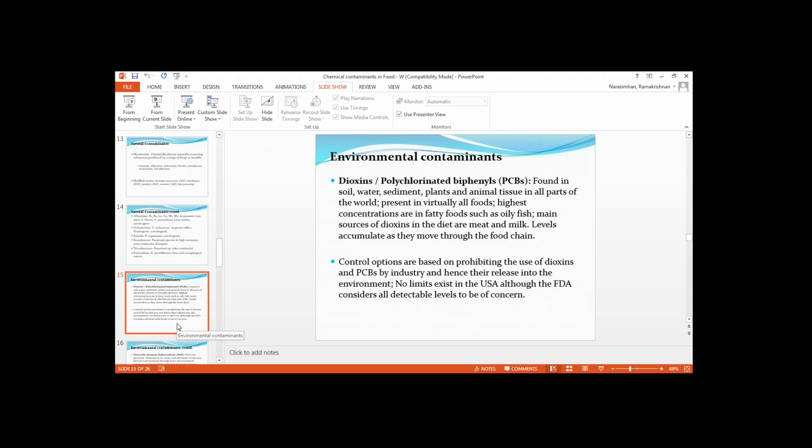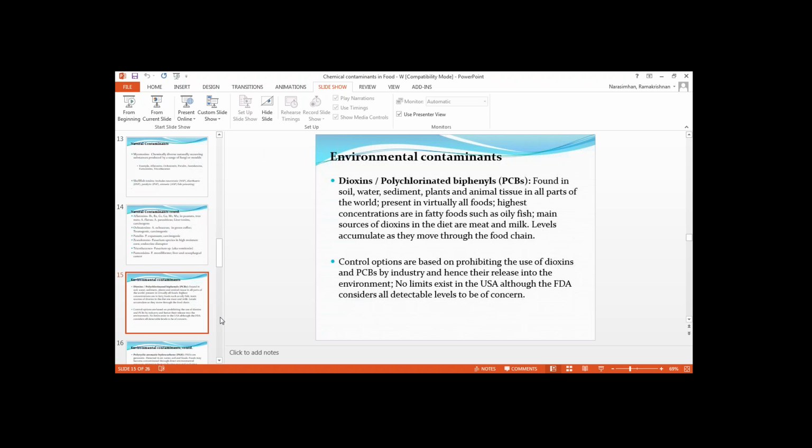some environmental contaminants. The first one is dioxins and polychlorinated biphenyls, okay, commonly known as PCBs. PCBs and dioxins are persistent contaminants with a range of chemical structures, not just one chemical, a multitude of chemicals. When we say PCB, it contains several chemicals, actually.